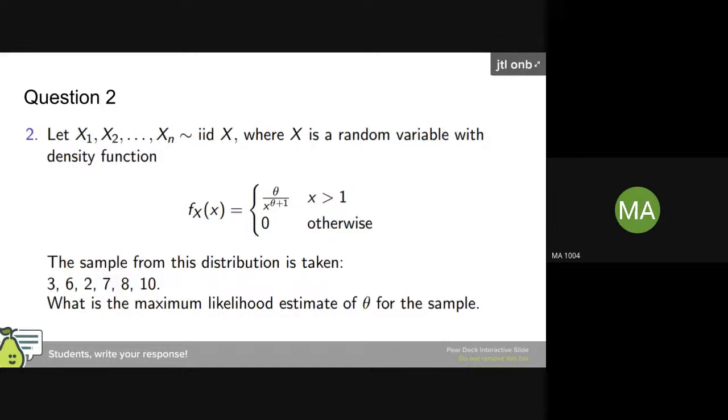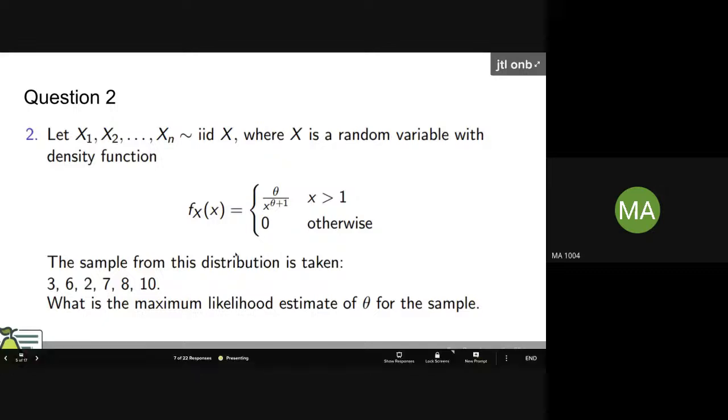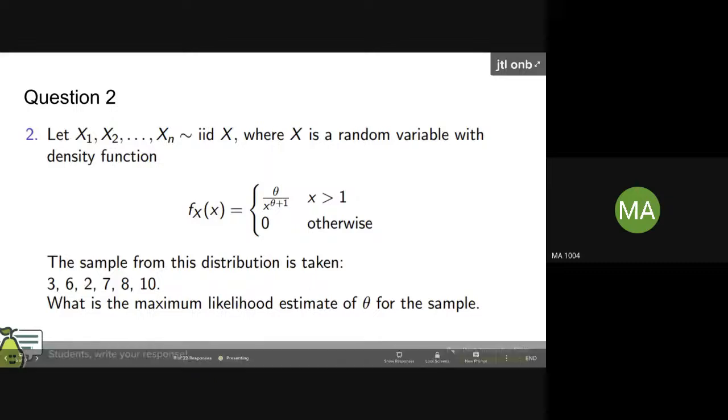Okay. So what happened to this particular question? Okay, tell me, at least people wrote the likelihood function. Yes, sir.